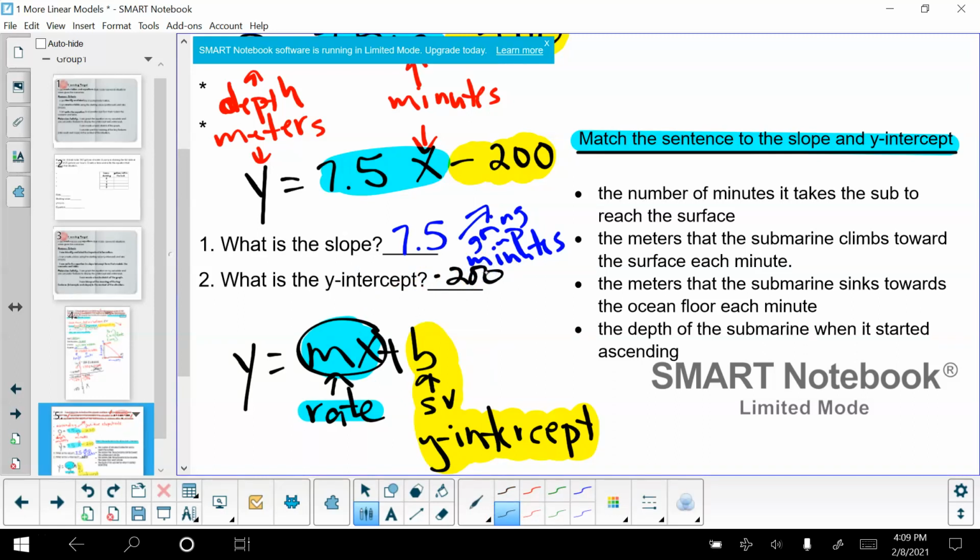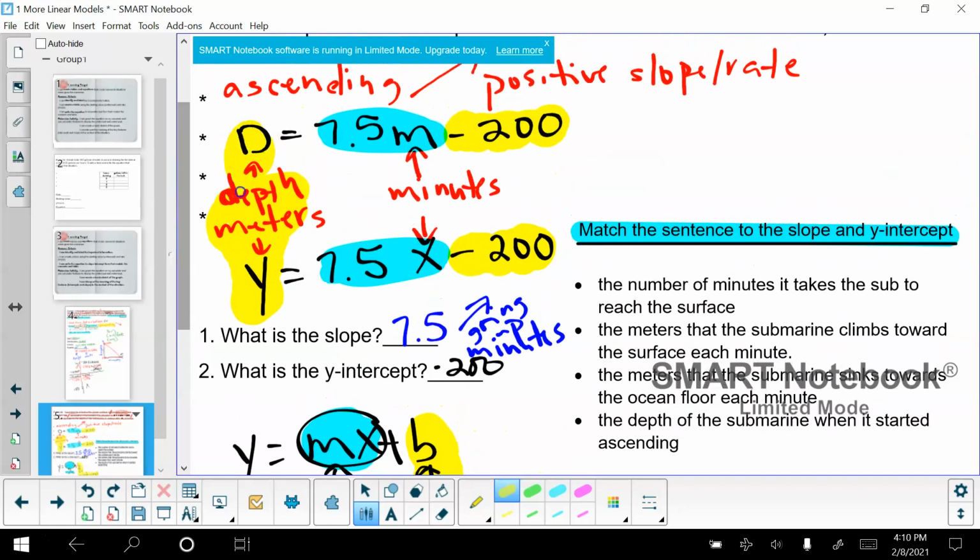Now, if you're wondering, well, what is that about? Remember what the y is about. This is a y number. Y-intercepts are y numbers. And if we look at what the y number is about, like right here, the y number is about the depth in meters, which is why it's good to make sure that you label these things from one equation to the next where you changed from the d and the m to the x and the y's, okay?